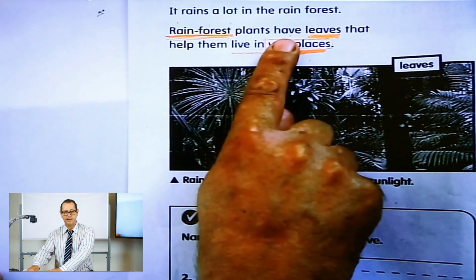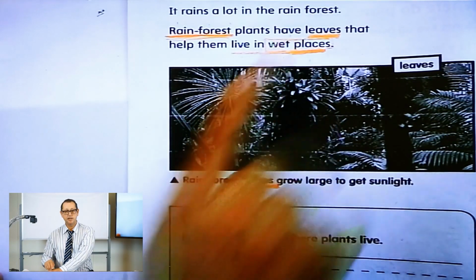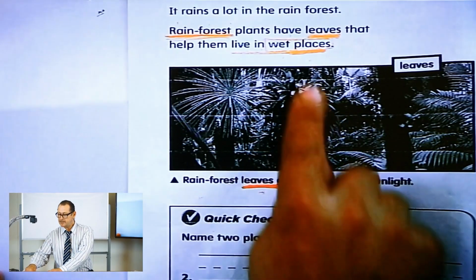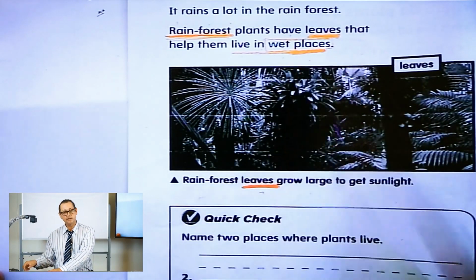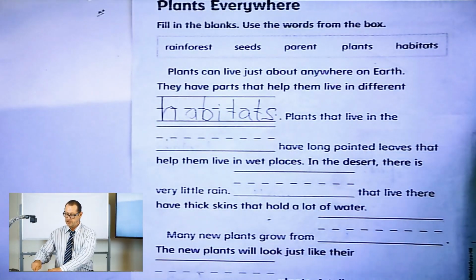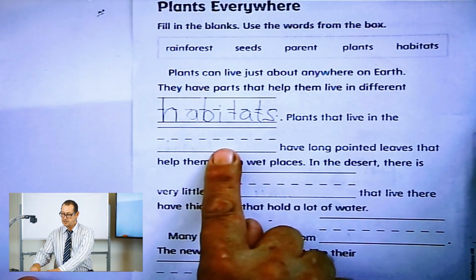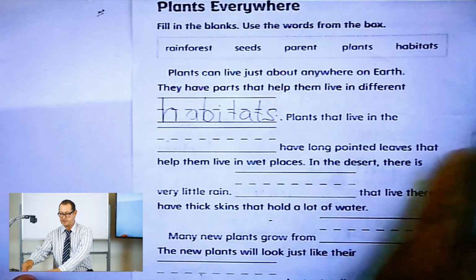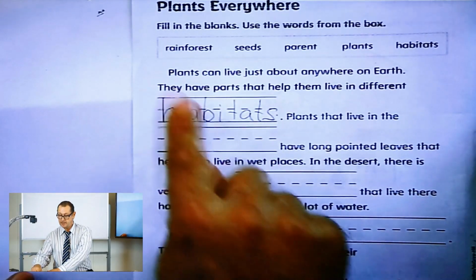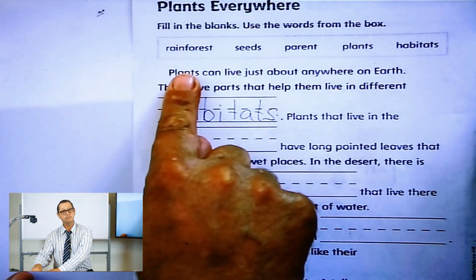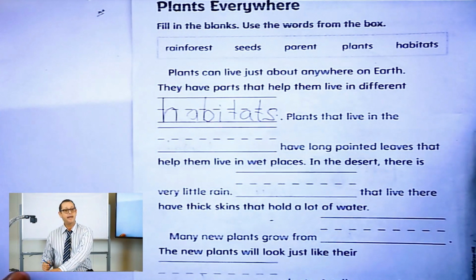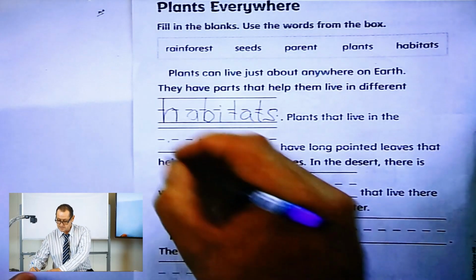Rainforest plants have leaves that help them live in wet places. Is that correct for our question? Which plants have long pointed leaves for wet places? Is it rainforest? Yes, it's a rainforest plant. They live in wet places.